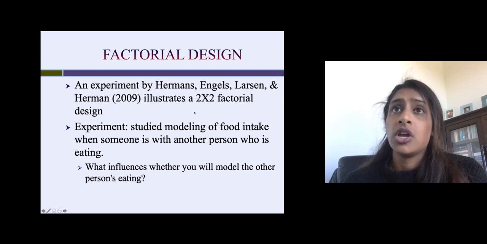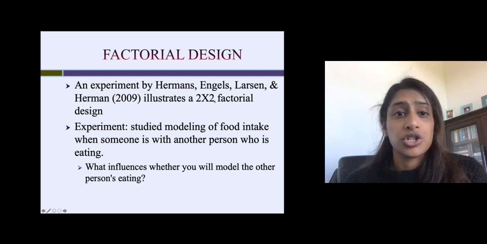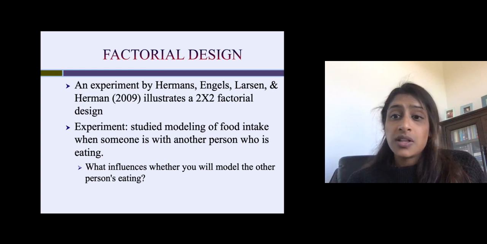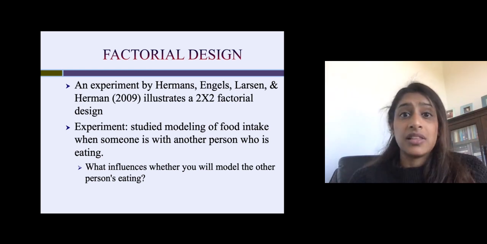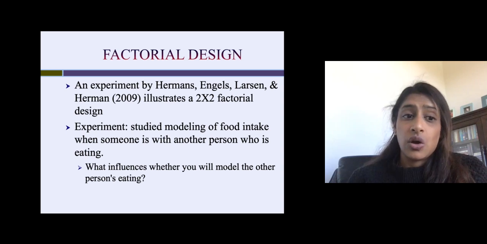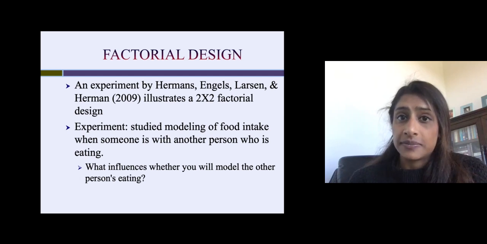So we have 2 independent variables, each with 2 levels. That's what our 2x2 factorial design means. Okay, so we want to do a study and take a look at the modeling of food intake. So if we see somebody else eating, will that influence how we then eat?